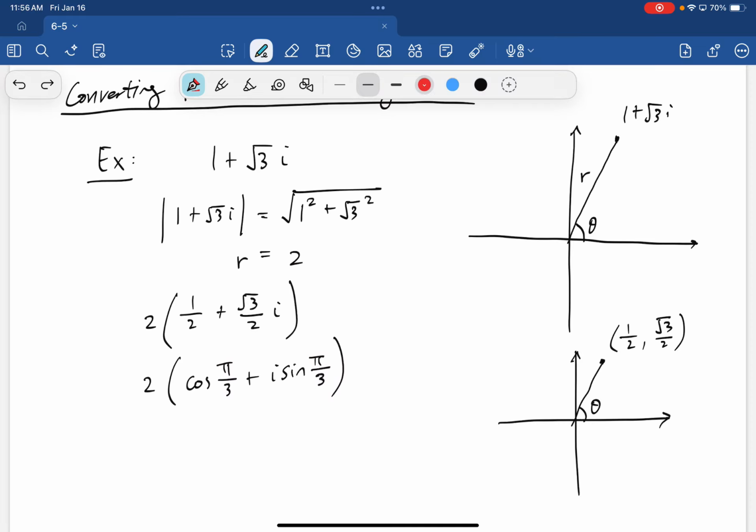Wait, I need to take a look. Leisha, did you just divide the 1 and the square root? Yeah, I factored out 2. So essentially, I divided it by 2 and brought it out to the front.